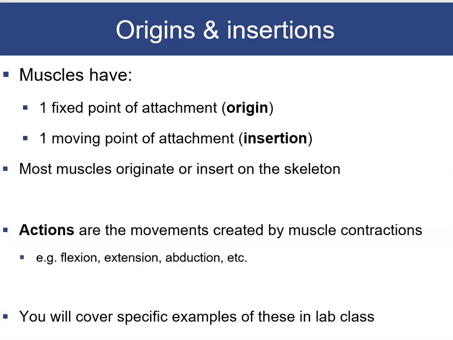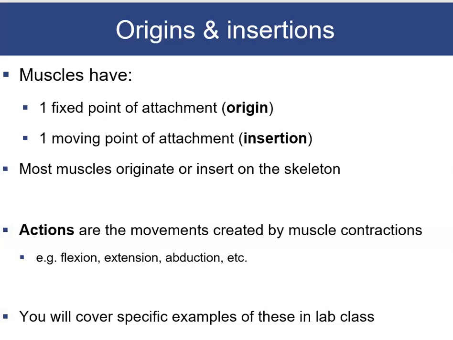The actions that we talk about in reference to a muscle are the movements that are created when a muscle contracts, such as flexion, extension, all these different movements we talked about in the joint chapter. When a muscle contracts, the insertion will be pulled toward the origin. Remember, the origin is a fixed point.